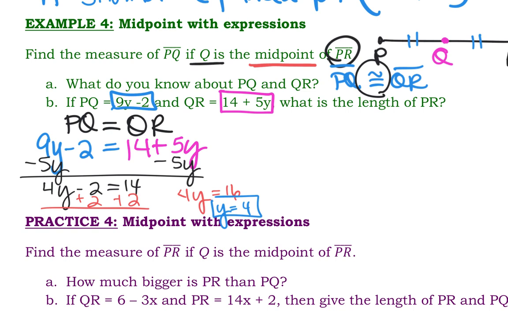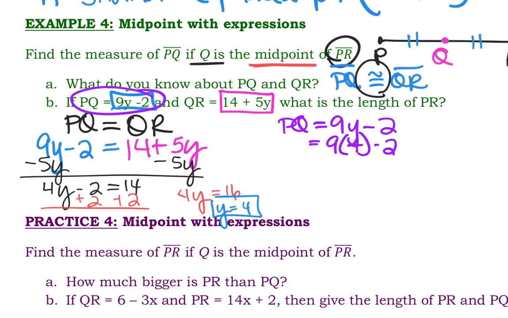Can you figure out what the actual length of P to Q is? Can we figure out that actual distance between the letter P and Q? Replace the y with the 4. So if P to Q is 9y minus 2, you're going to substitute in that 4.